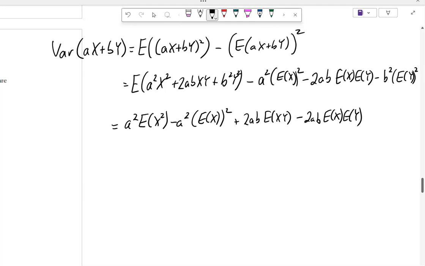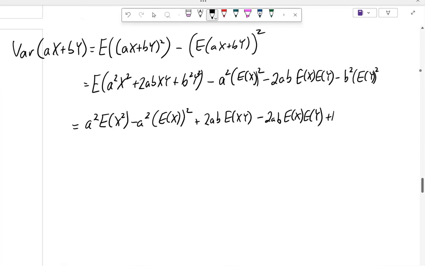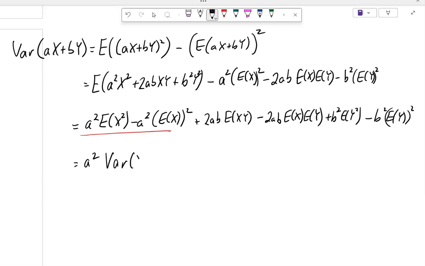And then I've got a b squared expected value of y squared, and then a minus b squared expected value of y quantity squared. Why did I move them together? What's a better way to write that? Good. That's a squared times the variance of x. Exactly. Factor out the a squared, and I have exactly the formula for variance.